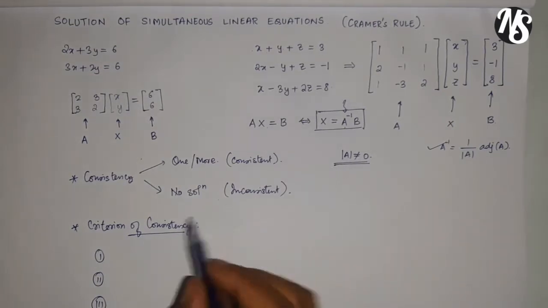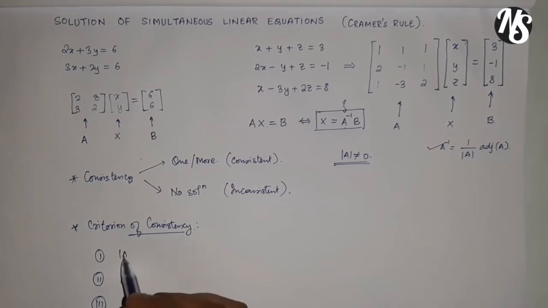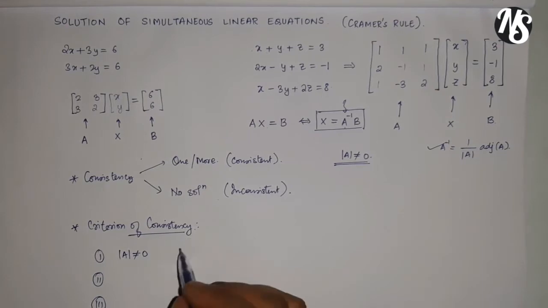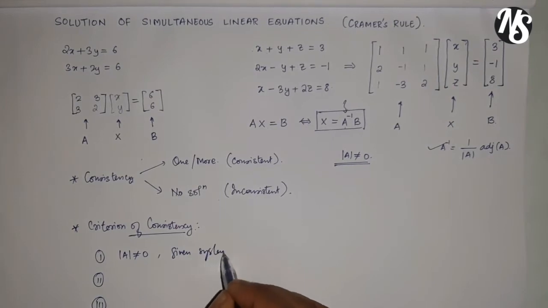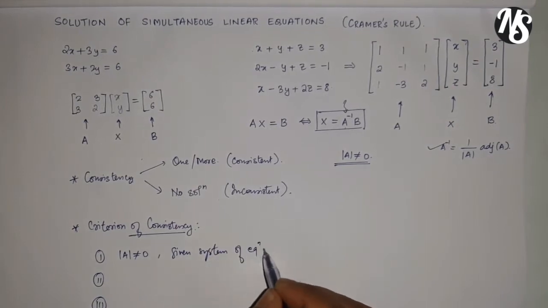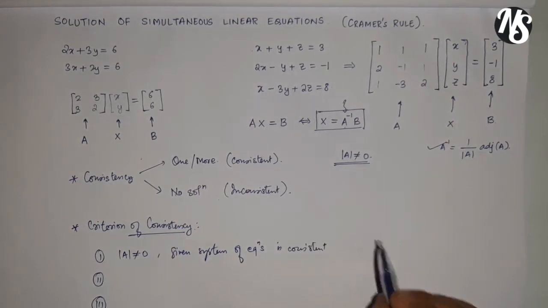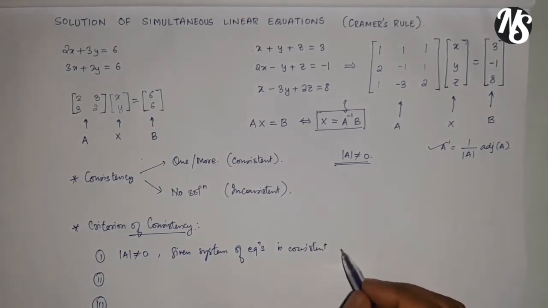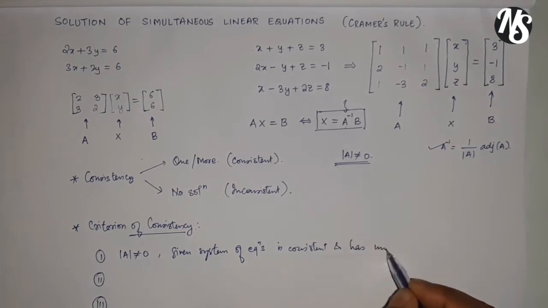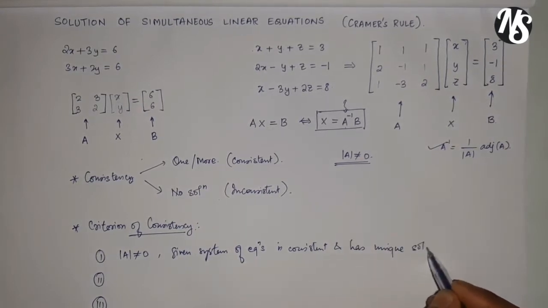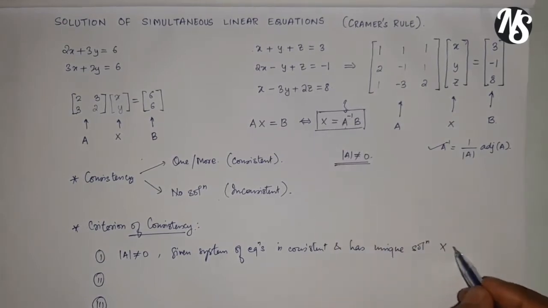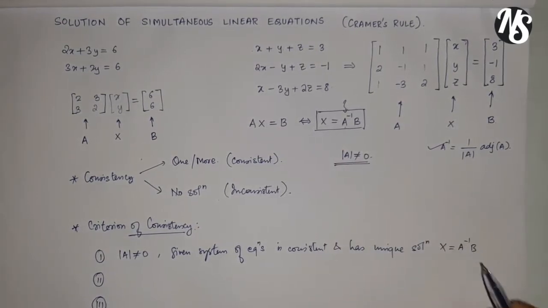The first condition says, if determinant of A is not equal to 0, then we say the given system of equations is consistent and has a unique solution, and the solution is given by X equals A inverse B, right? So this is my first criterion for consistency.